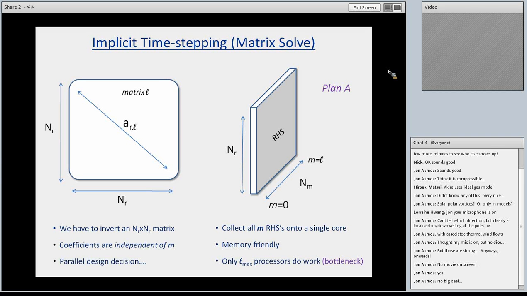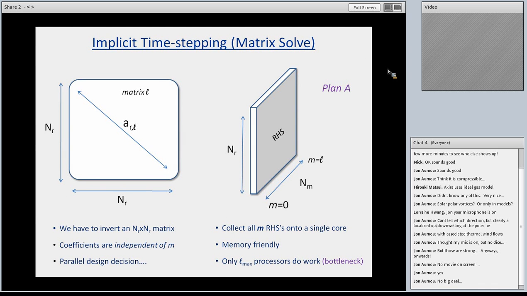The advantage here is that this is memory friendly, because particularly if you're using Chebyshevs and you're not using finite differences, you have a dense matrix. If you're using finite differences, you can have a banded matrix, and the memory suddenly becomes not so much of an issue. But still, it's good for memory. So if you're only running on a few nodes, this may be useful. But the drawback is that you only have Lmax processors that can do work.